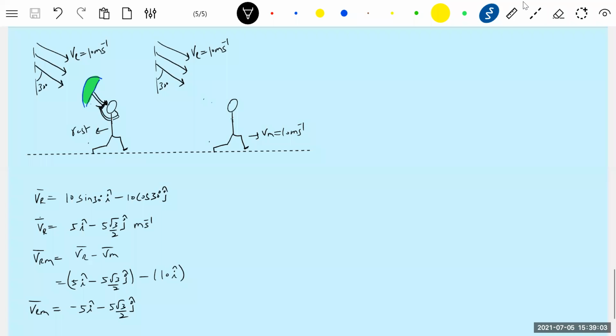So let's go for the vector diagram. We'll get a better picture. So this is V_R bar. And this is V_R bar, okay, the length is also the same. This is V_R bar. Minus V_M bar will come in this direction. So let me shift now. So this is minus V_M bar.